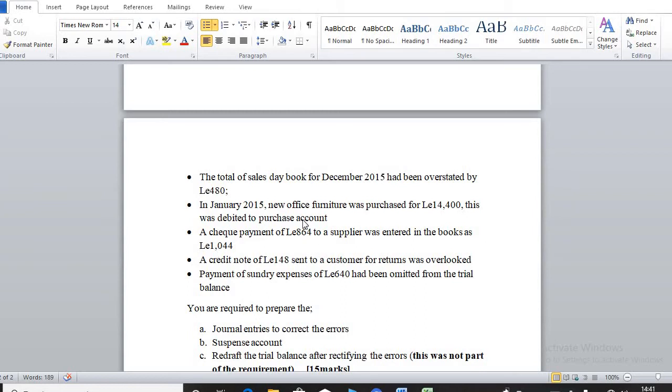If you find the difference and you get to know that the one recorded was more than the one that was supposed to be recorded, it means the records in the books have been overstated. The difference is going to give us 180.